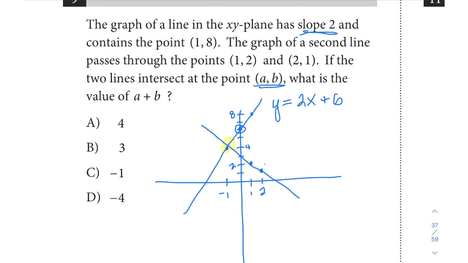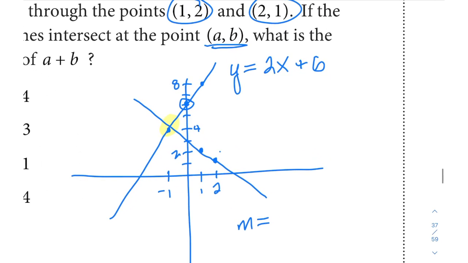Now, for the second line, we have a ballpark idea looking at it, but let's see if we can confirm. If we find the slope between these two points, by doing what we did on another question earlier in this section, which is just y2 minus y1 over x2 minus x1, we can do 1 minus 2 over 2 minus 1.